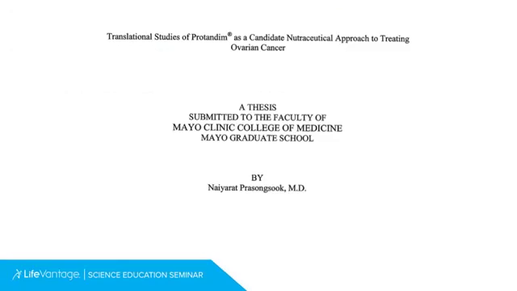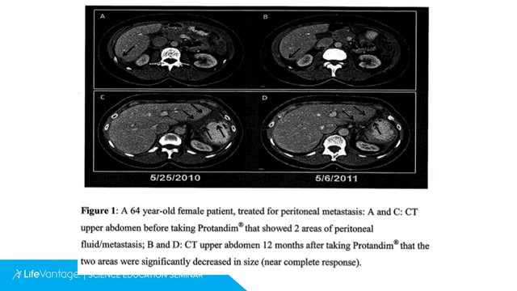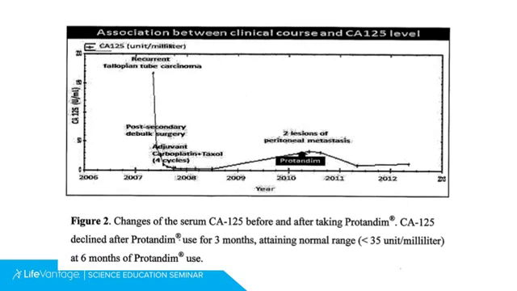This was a PhD thesis from a gentleman at the Mayo Clinic, a physician, looking at Protandim as an approach to ovarian cancer. And it started with this case, this woman that came to him with metastatic ovarian cancer. And what they had done was they did a debulking procedure, did chemotherapy.